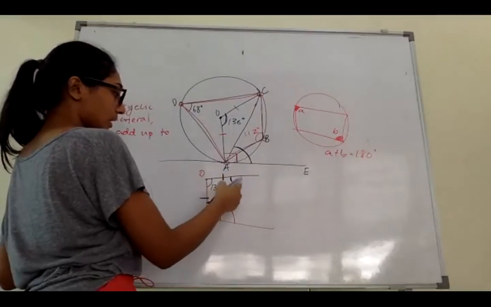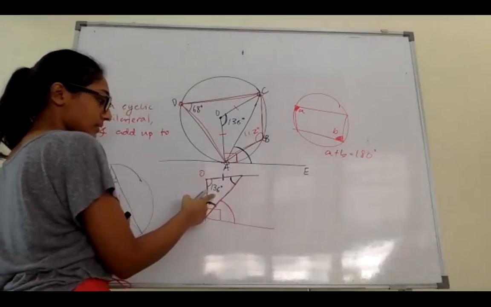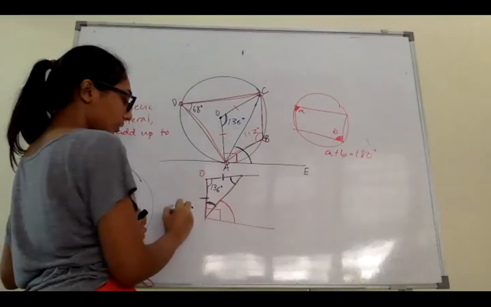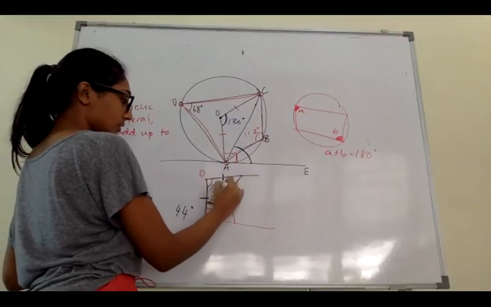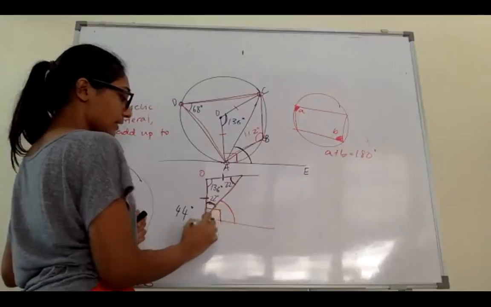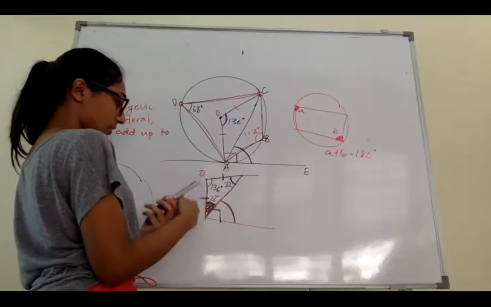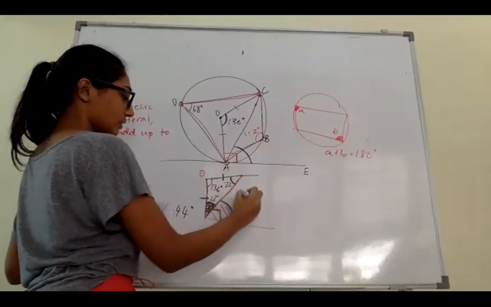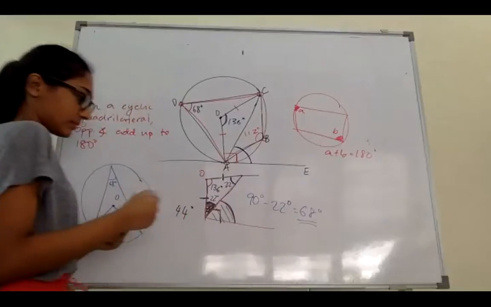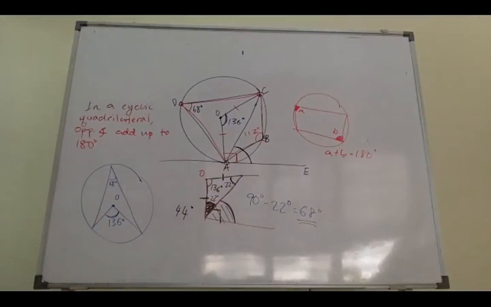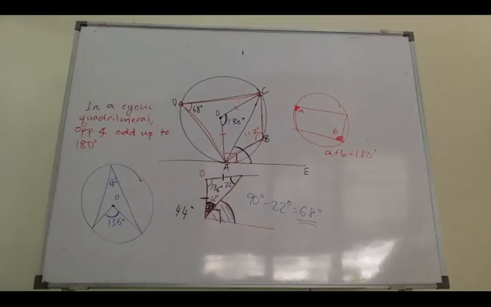So I take 180 minus 136, which is 44, divided by 2, because they're both 22. 22 degrees, 22 degrees, and this whole thing is 90 degrees, so I take 90 minus 22, which should give 68. Can you understand?